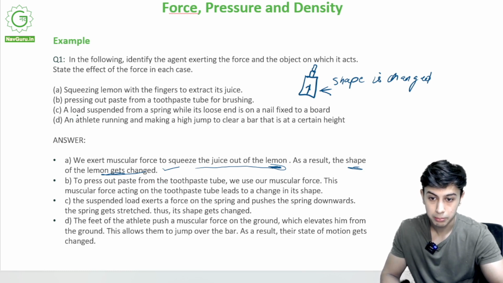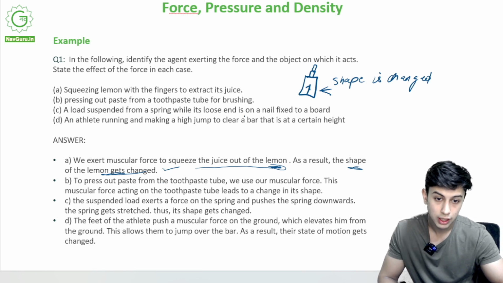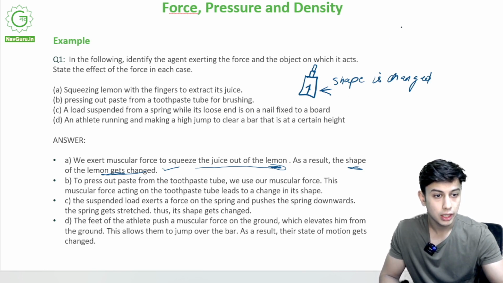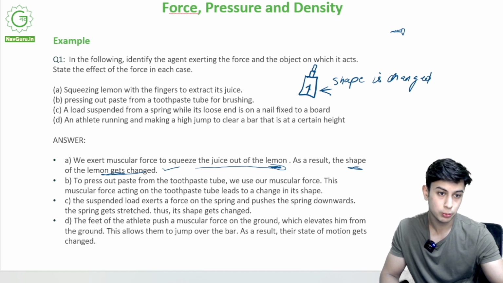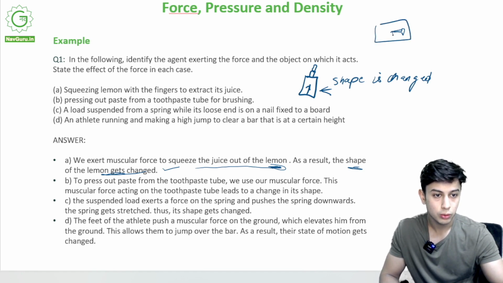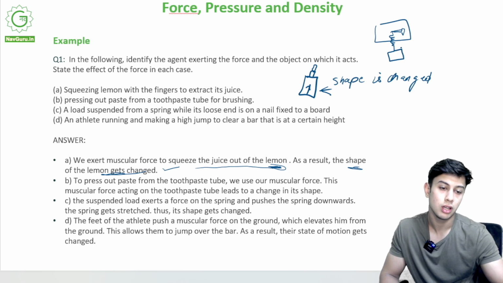Now third part, a load suspended from a spring while its loose end is on a nail fixed to a board. I'll tell you something. Supposedly there is a nail. What is a nail? We use a hammer to put it into a board or a wall. So there was a spring attached to some load, some weight.